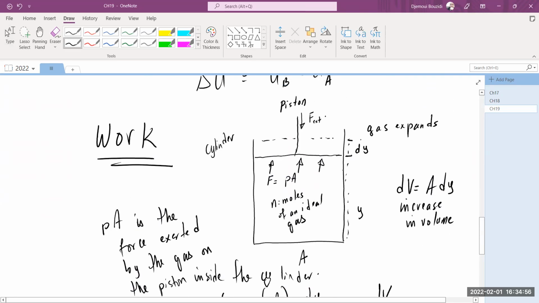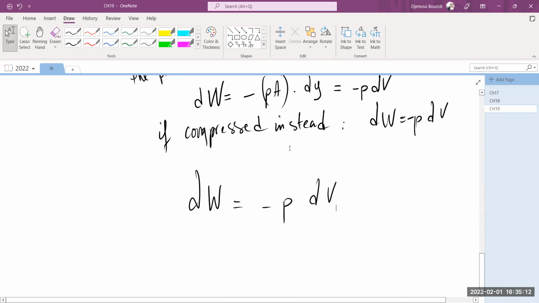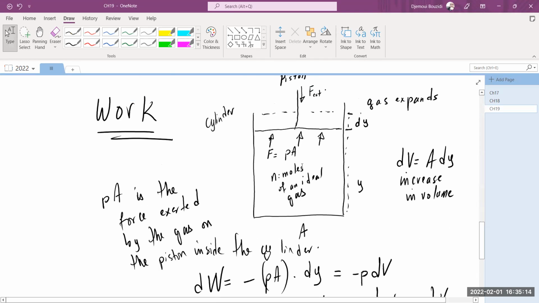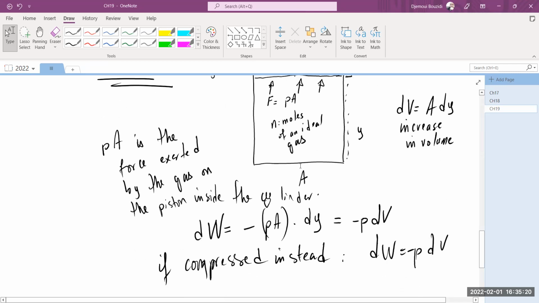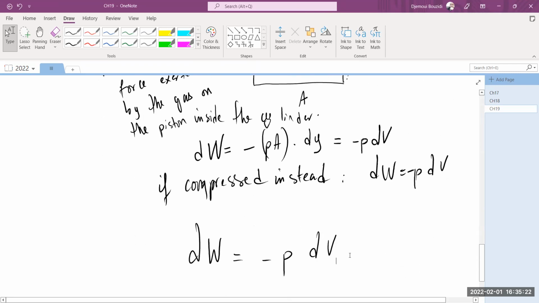You could have something in here you want to lift, a car probably or something, and you would want to do work against it. So the work done against the environment must come from somewhere, and the only place it can come from is the internal energy of the gas. So if dV is positive, this number better be negative.